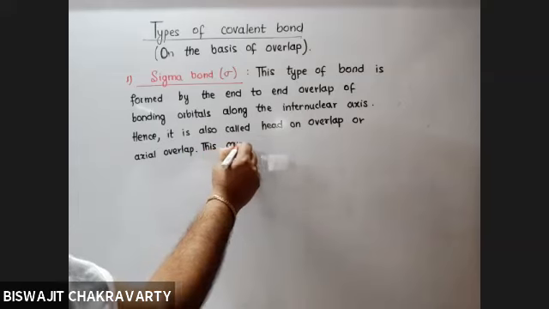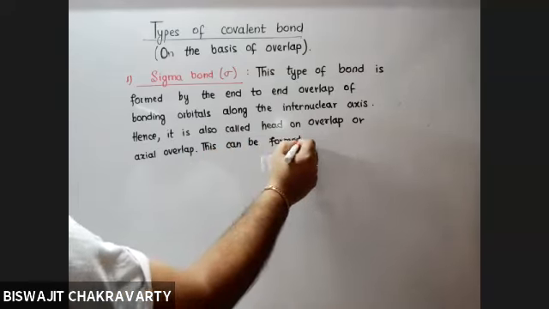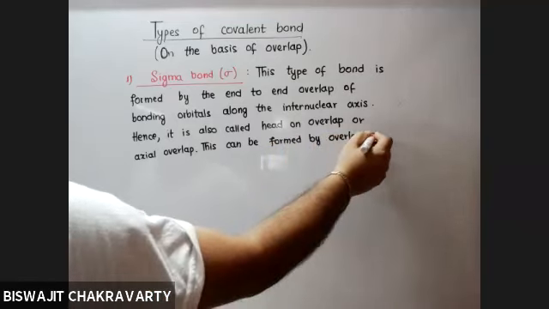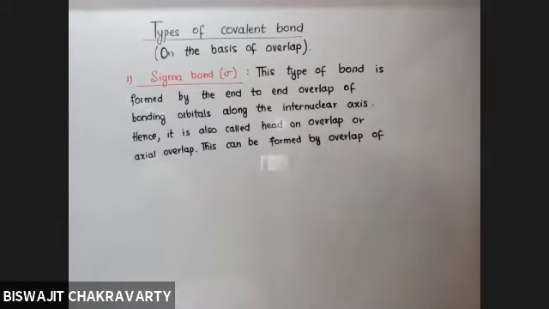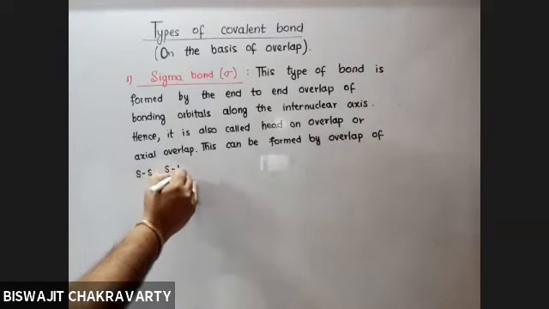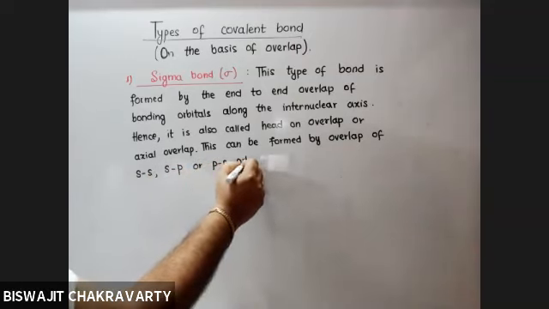This can be formed by overlap of SS, SP or PP orbitals.